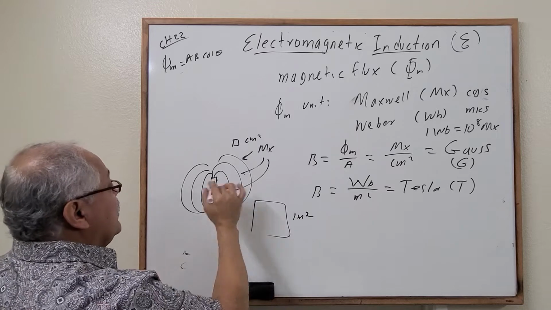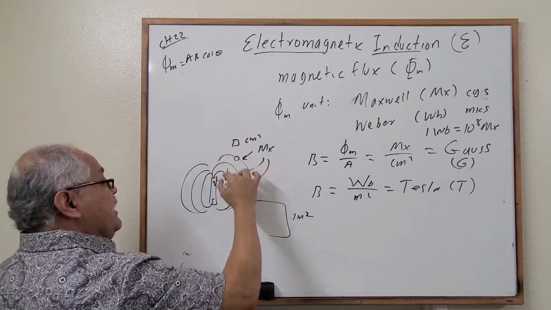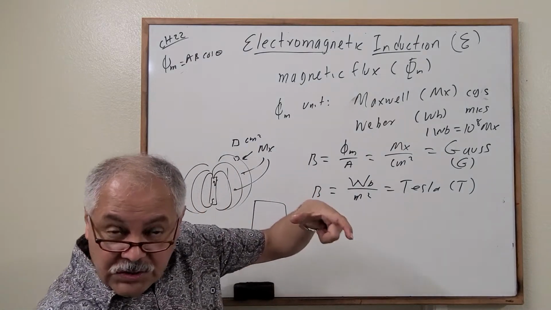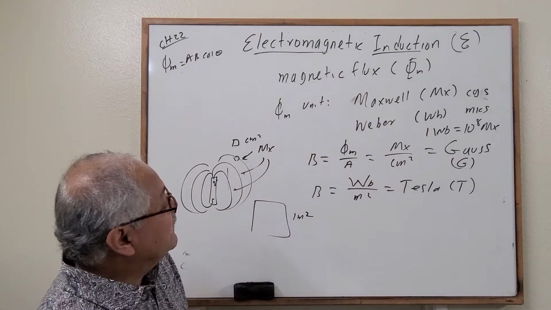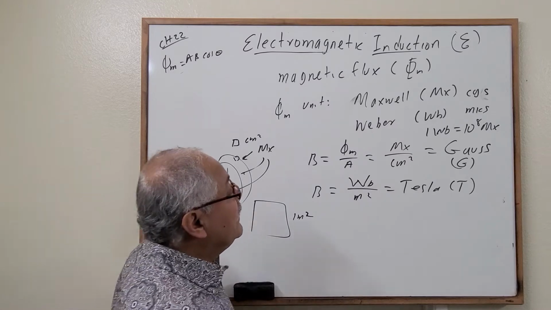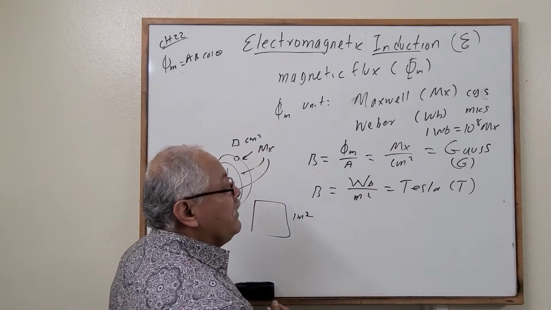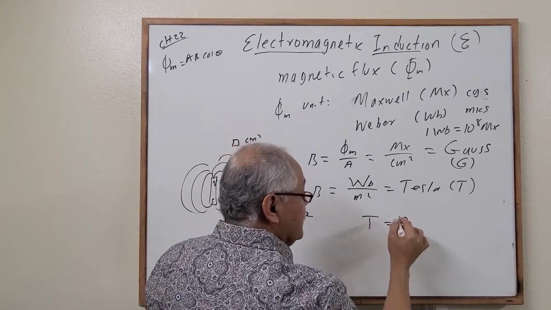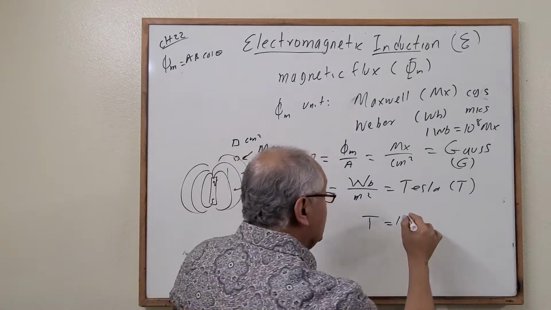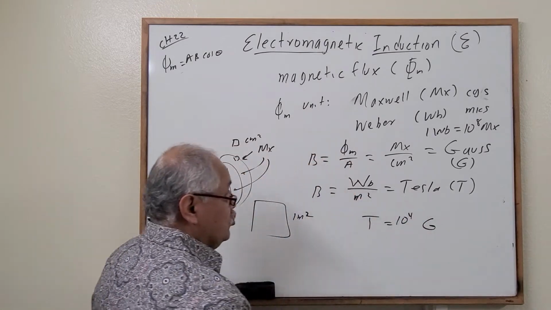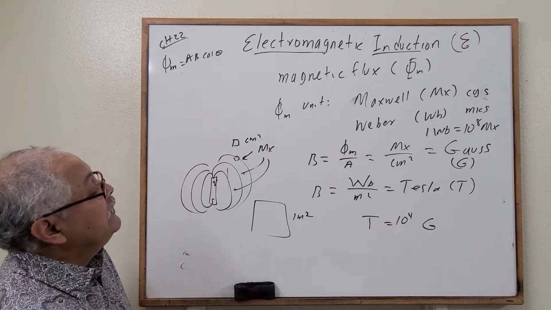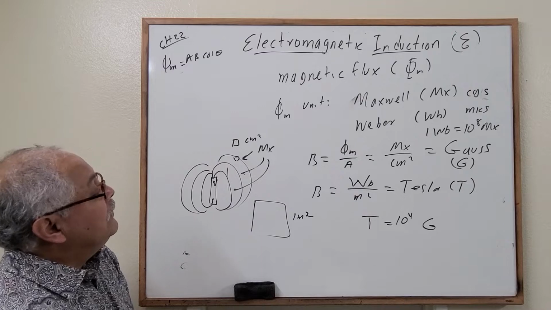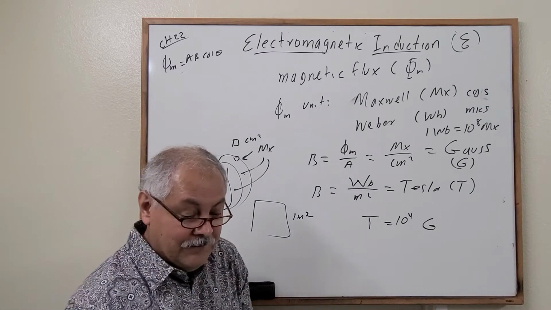Of course, we have a lot. If we take that huge area, we have more magnetic lines crossing through that area. Okay, perfect. And also the relationship between Tesla and Gauss is 1 Tesla is equal to 10 to the 4 Gauss. Right, and these are the units for the magnetic field.